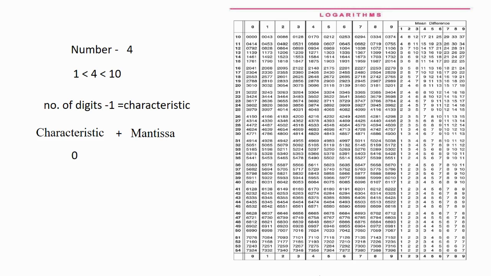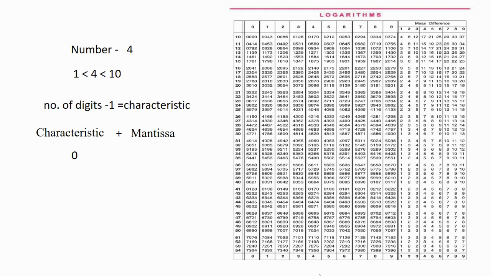It is just used to show you whether the given number is a one-digit number, two-digit number, or so on. To understand it more, we have a few more examples. Let's finish this example first. For the given number 4, we find the characteristic as 0.